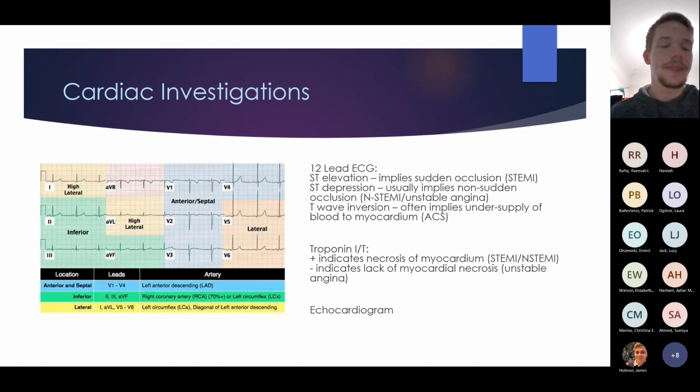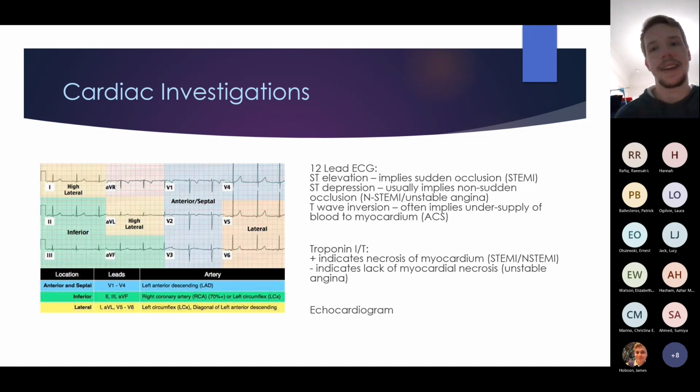and I've just got an image there to show the different leads and where any defects will show on the ECG, depending which part of the heart is affected. I've also put a brief explanation of your main acute coronary syndromes and how they show on the ECG.